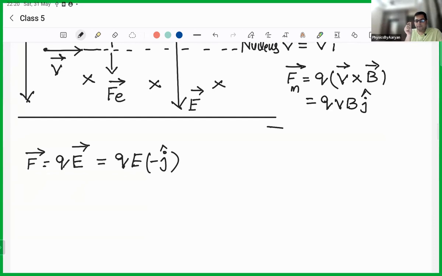I am applying the electric field and the magnetic field, so their magnitudes are in my hands.